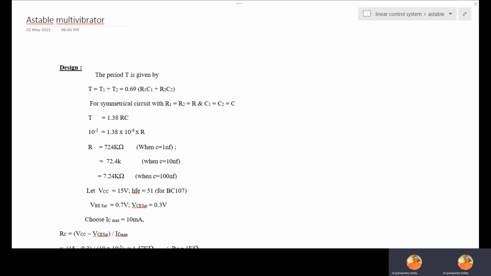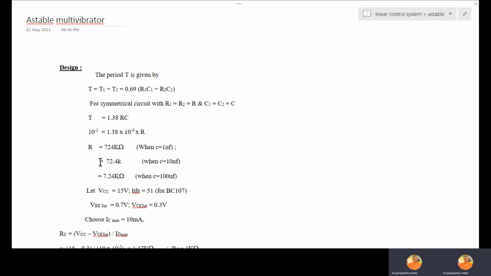So in this, if C is equal to 1 nanofarad, R will be 724 kilo ohms. If C is equal to 10 nanofarads, then 72.4 K is the R value. If C is equal to 100 nanofarads, 7.24 kilo ohms.